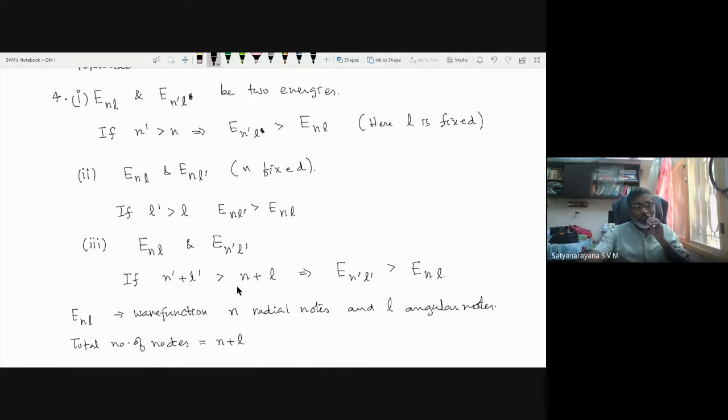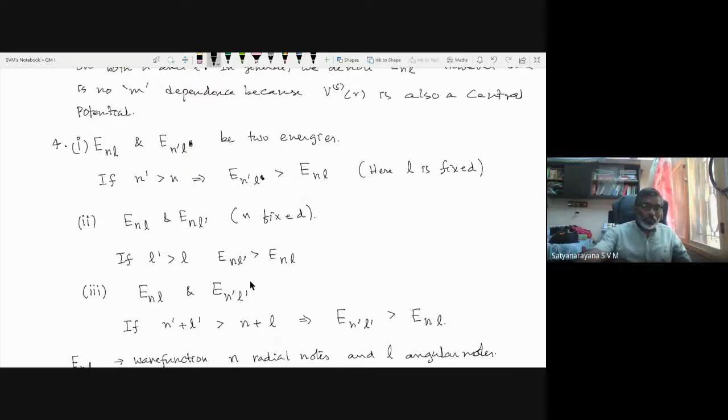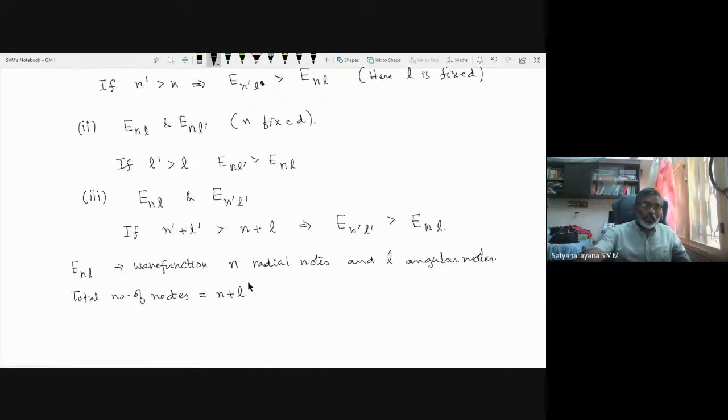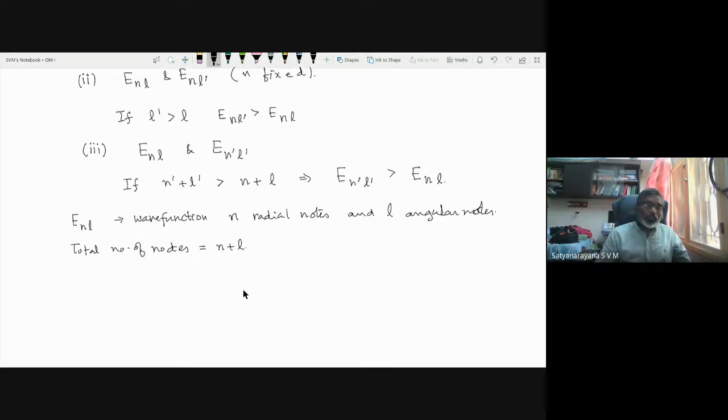And now there is only one ingredient which we have to bring into this in order to understand the periodic table. That is the ingredient called spin. This is in some sense one of the best kept secrets of nature, and Pauli unearthed the secret. The electron has a spin degree of freedom.